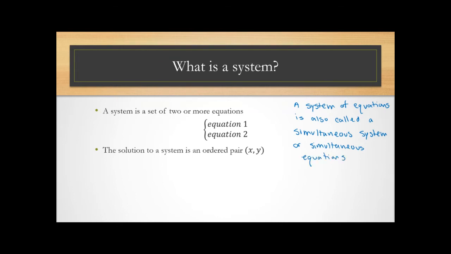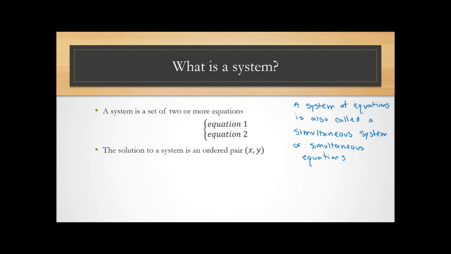So simultaneous just means that you're looking at all the equations at the same time. In mathematics, we generally don't use the term simultaneous equation or simultaneous system, but that is something you'll see in engineering. They use that phrase. So I just wanted to point that out.